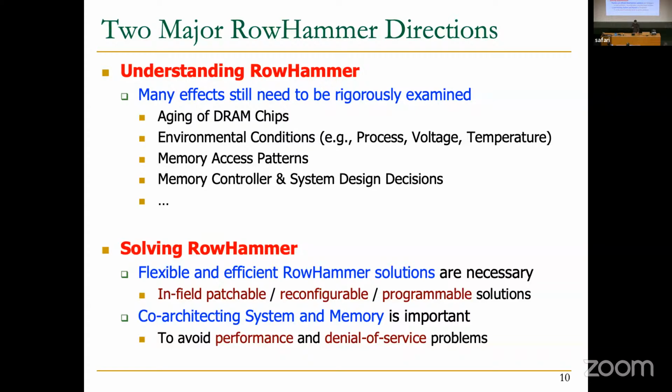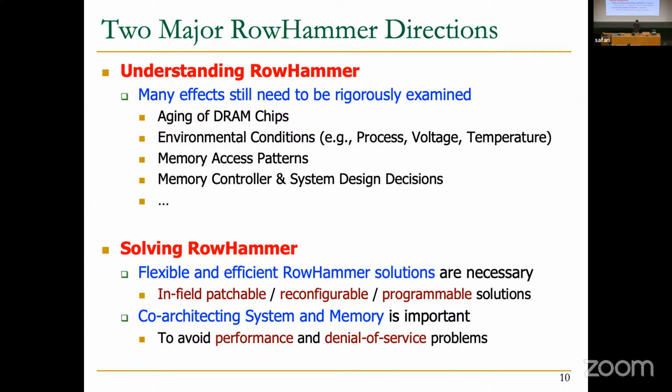So to approach this problem, we have two major directions. First, we need to have a good and fundamental understanding of the RowHammer phenomenon, the characteristics of the bitflips, and what architectural or security implications they have for our systems.